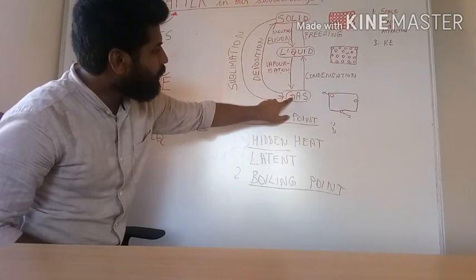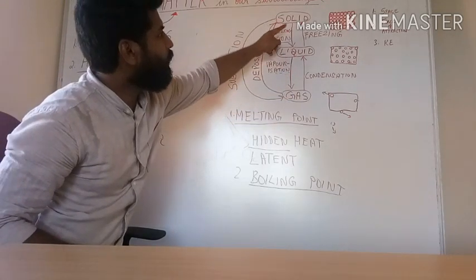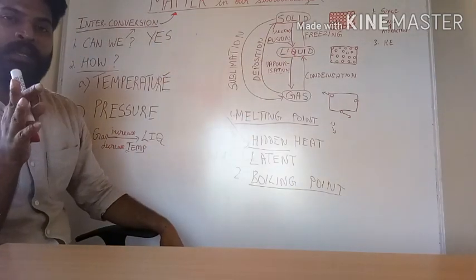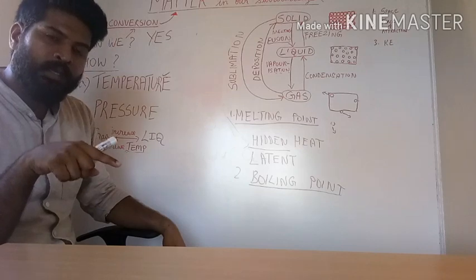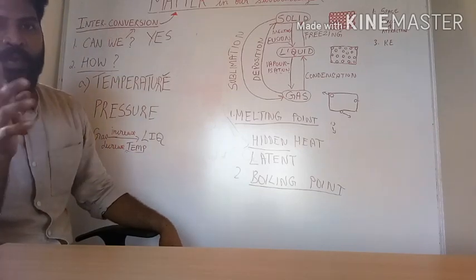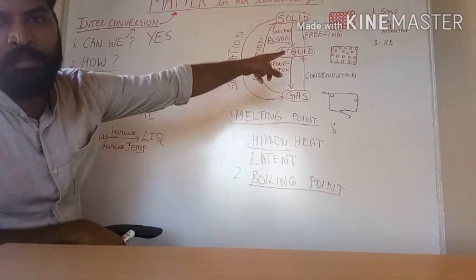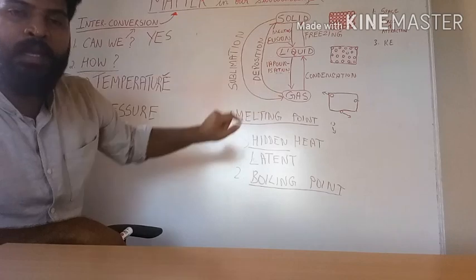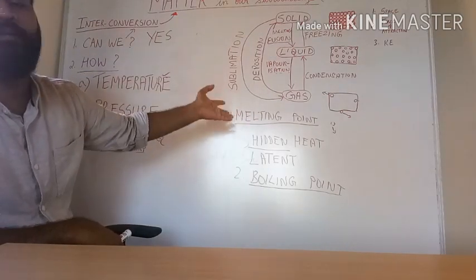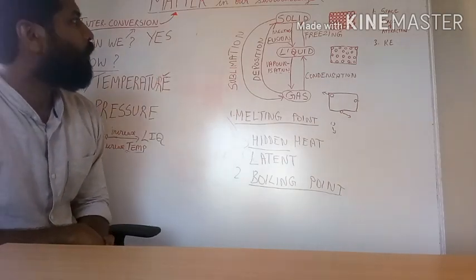Either we have increased the pressure or decreased it. So thus, by changing the temperature as well as the pressure, we can alter the arrangement of particles in matter, thereby converting solid into liquid, liquid into gas, or any other.